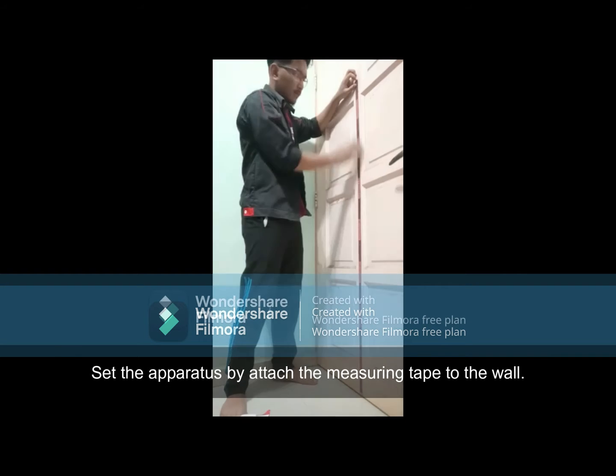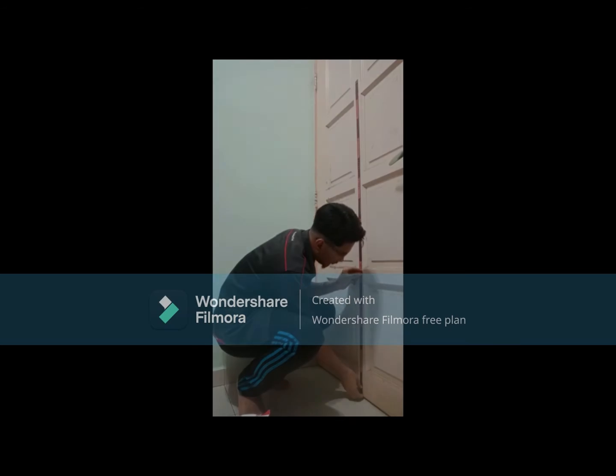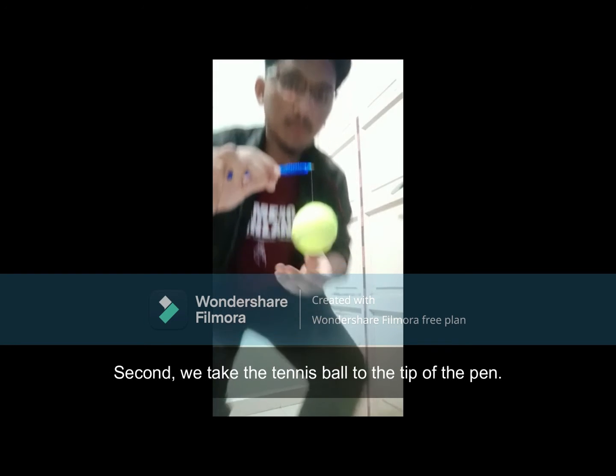At first, we set up the apparatus by attaching the measuring tape to the wall. Second, we place the tennis ball at the tip of the pen.